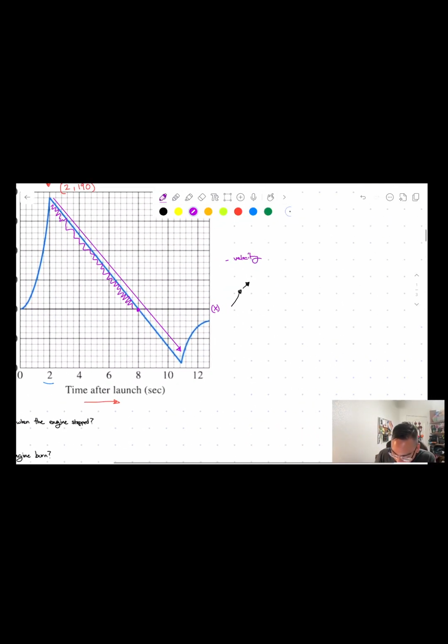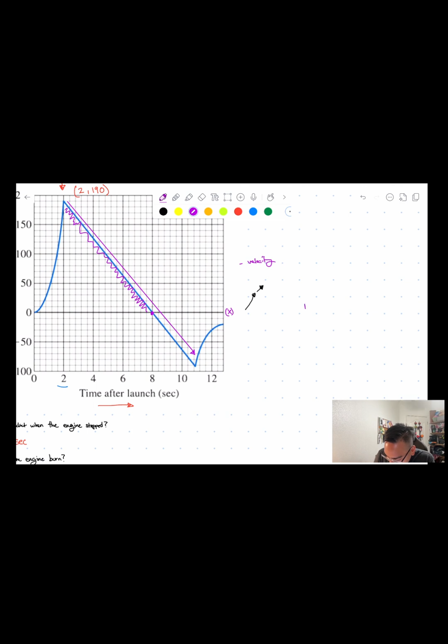Another way to think about it, right? If you're ever shooting a bullet out of a gun, or a cannon, you have this cannonball that's going across. When it has the most energy, it's going to be right over here. This is the most kinetic energy. Right when it touches the ground, like right here, it has the least amount of kinetic energy.